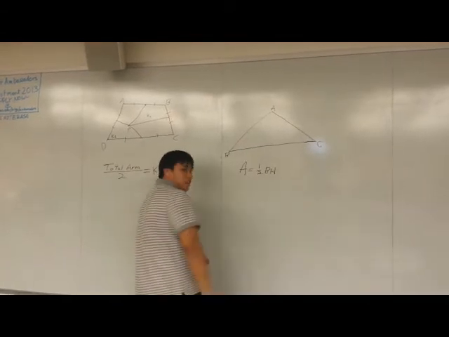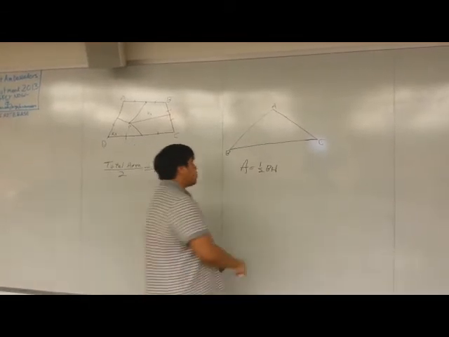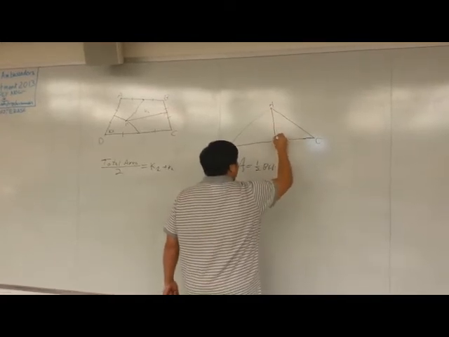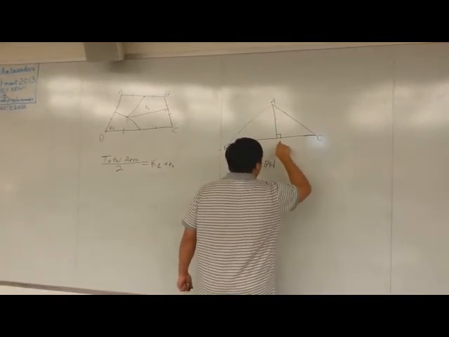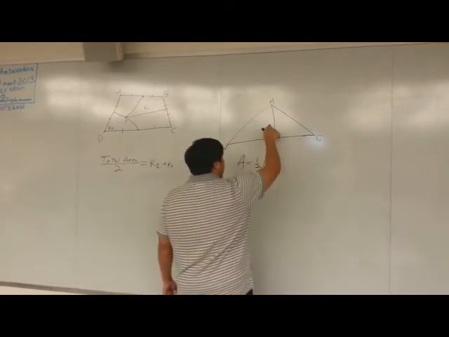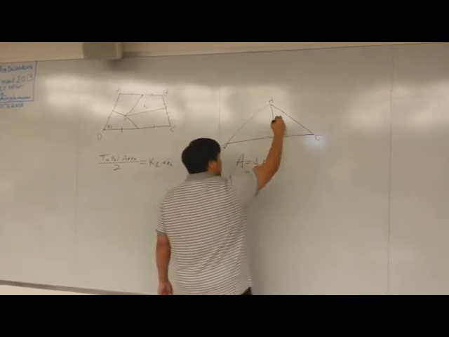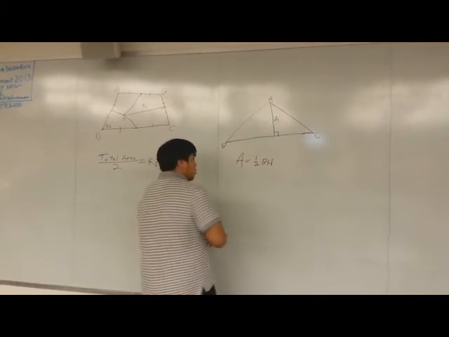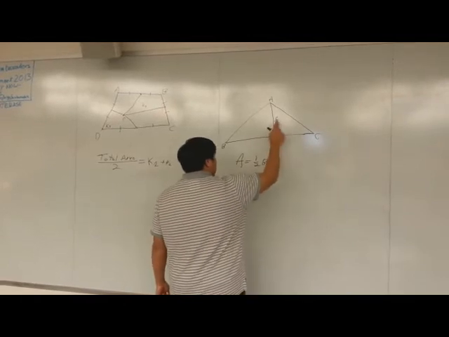And what is the height? Well, if we were to connect this point to this side, and it were to form a 90-degree angle, this itself is known as the altitude, but it is also the height. And the way you determine the area is by multiplying the base times the height.